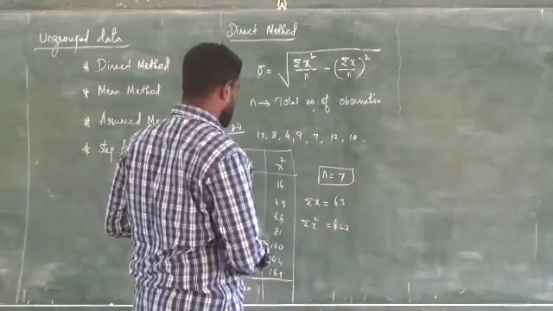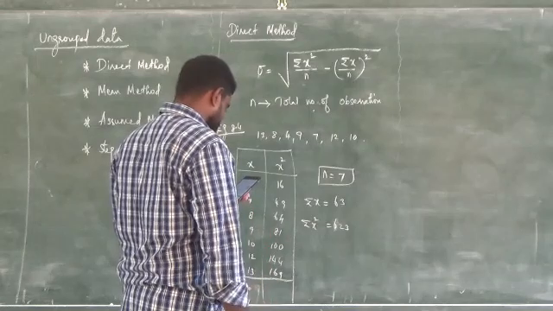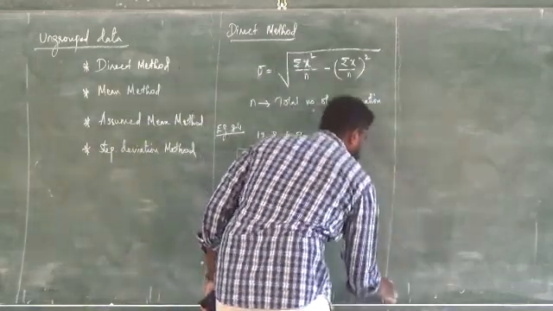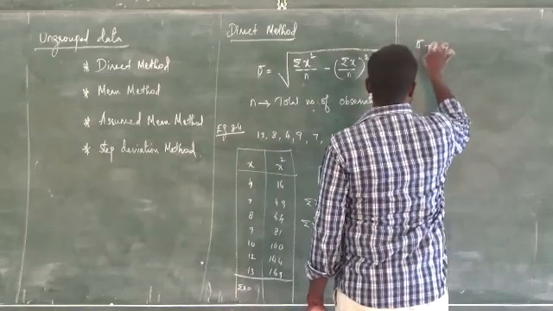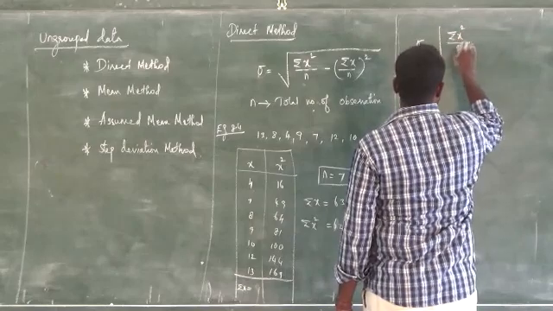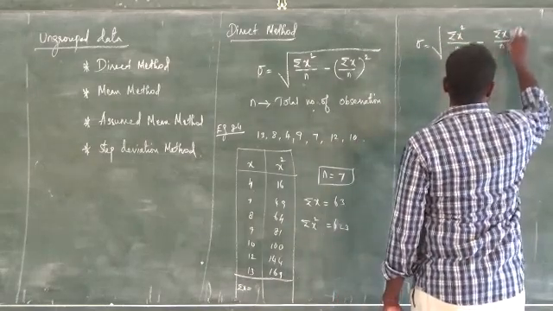So these are the values of summation x and summation x square: 623 and 63. We know the formula for standard deviation: sigma is equal to root of summation x square by n minus summation x by n whole square.